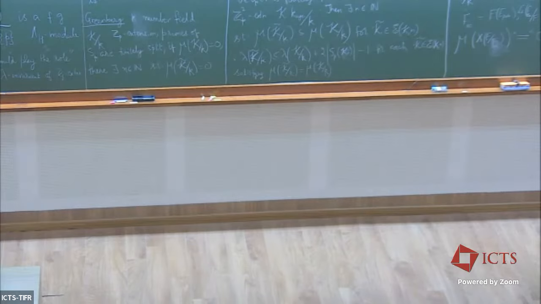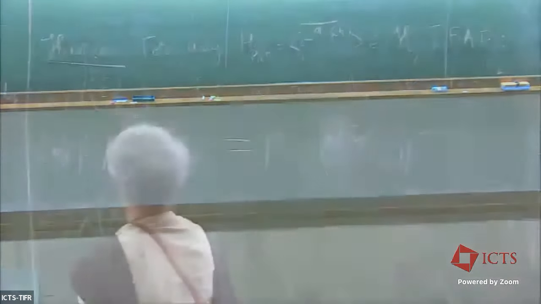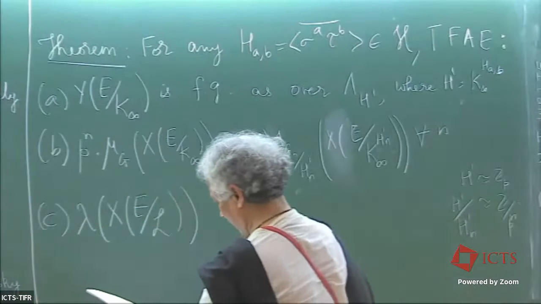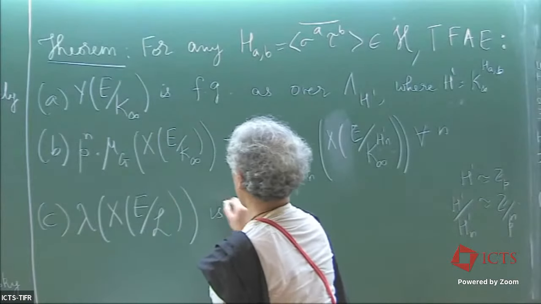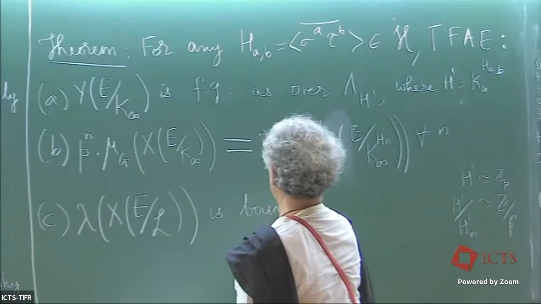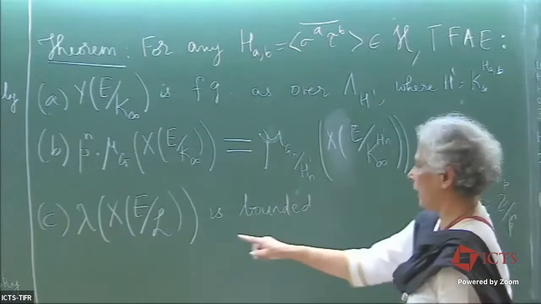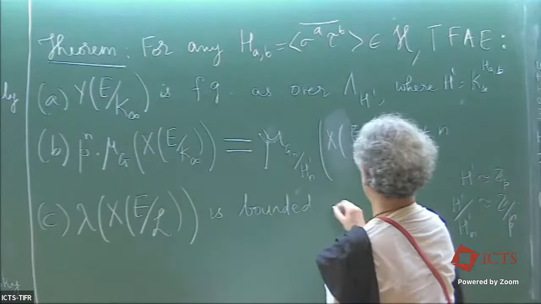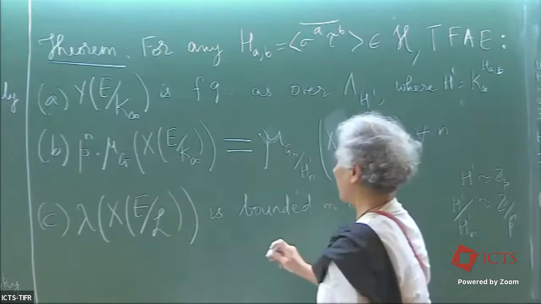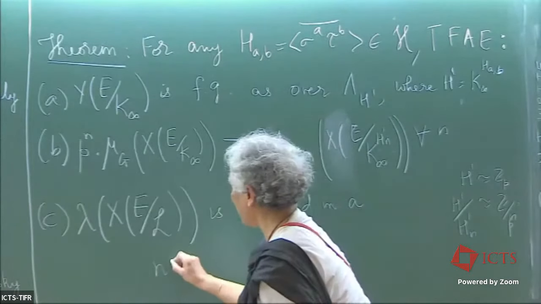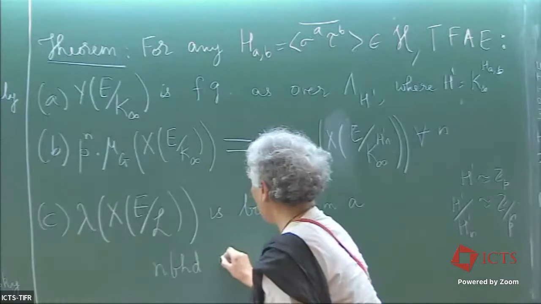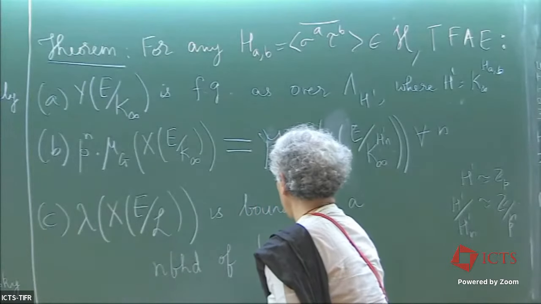So now I look at the lambda invariants of the dual Selmer group. This is bounded. So by this lambda invariant, I mean, each of these L in a neighborhood, once I write this, it will be clear, in a neighborhood of K infinity H prime.